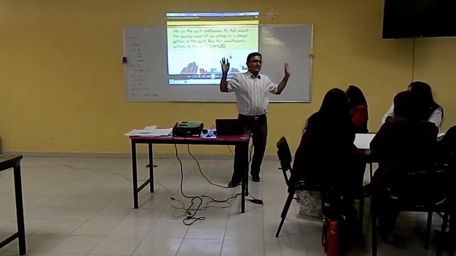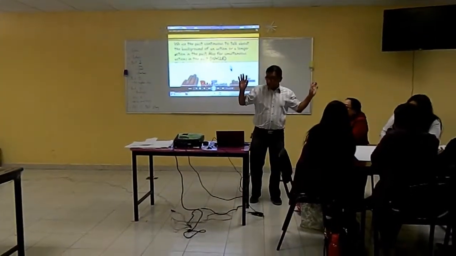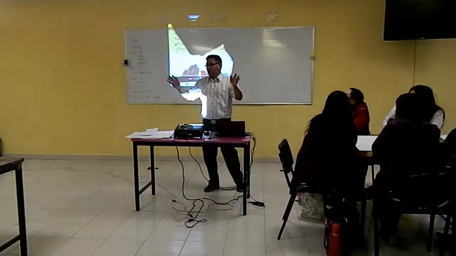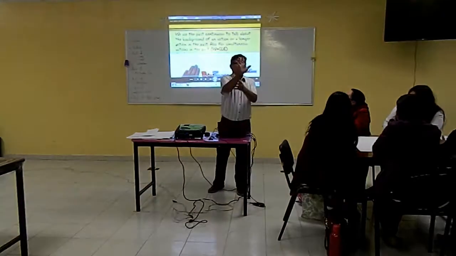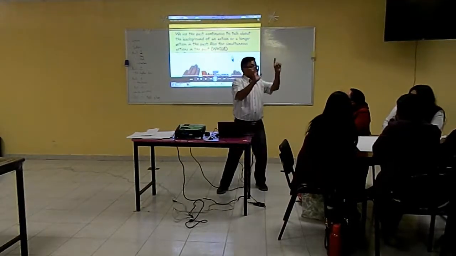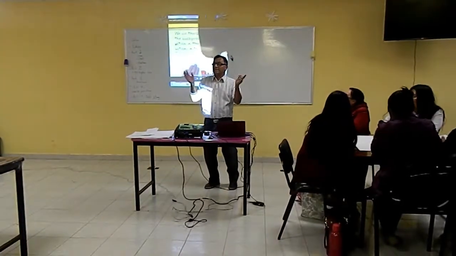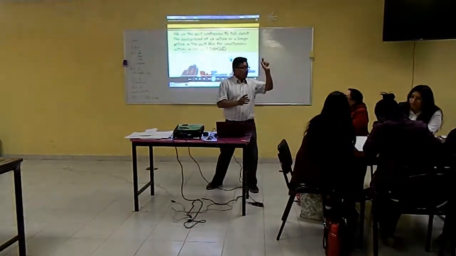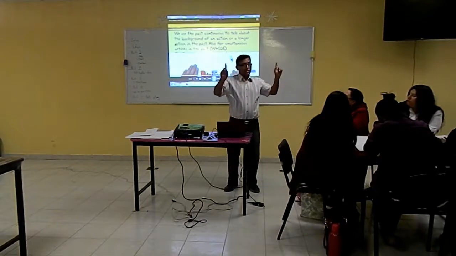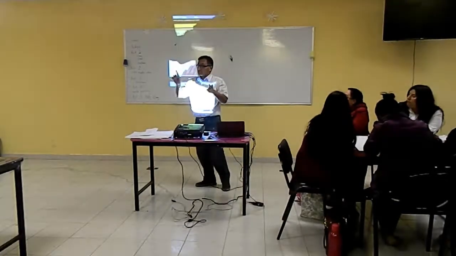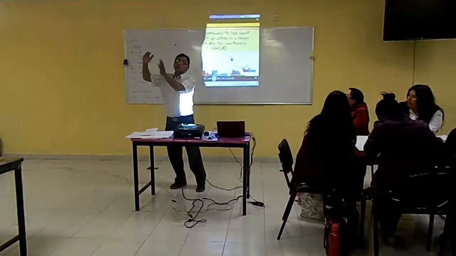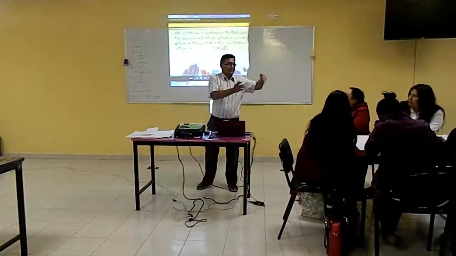Okay, so that was the short story. In this very short story, we saw five parts. First, the introduction or the setting: who, when, where. Second, a long action, past progressive, something that was happening.